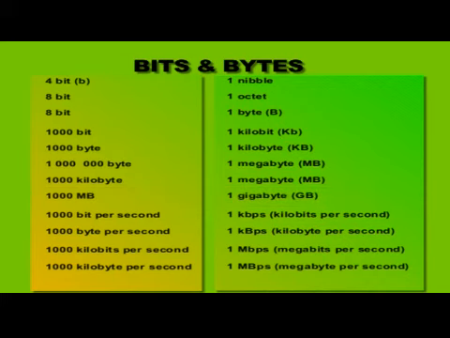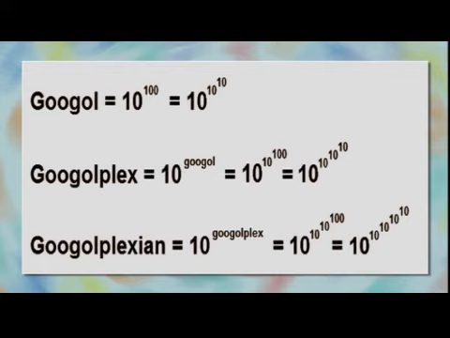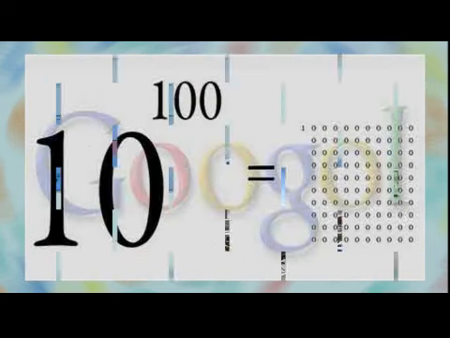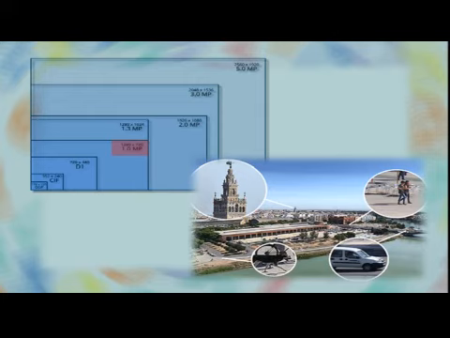Kilobytes does not represent 1000 in digital arithmetic. Therefore, 1 googol is equal to 10 multiplied by itself 100 times, that is 1 followed by 100 zeros. 1 megapixel is equal to 1 million. 1 gigapixel is equal to 1 billion.